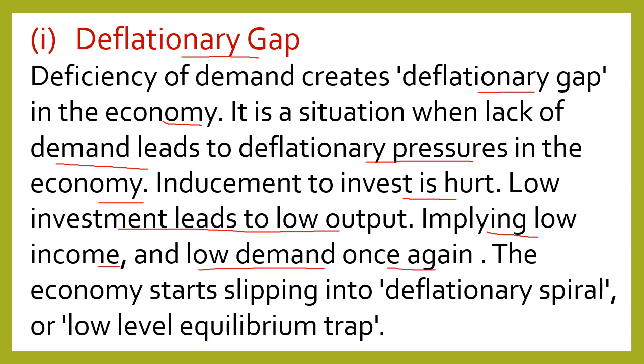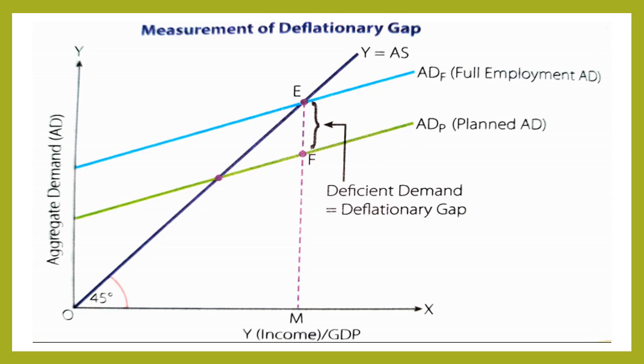Once again, the economy starts slipping into a deflationary spiral, or we can say low level equilibrium trap. Means there would be equilibrium but at a low level of employment. Now how will you measure this deflationary gap? The vertical difference, that is EF, known as deficient demand, is equal to the deflationary gap.